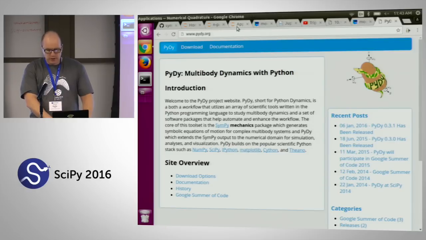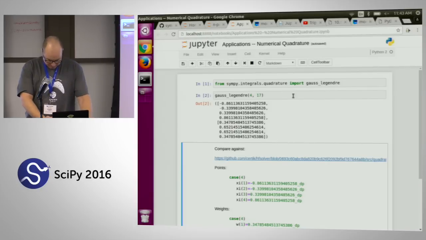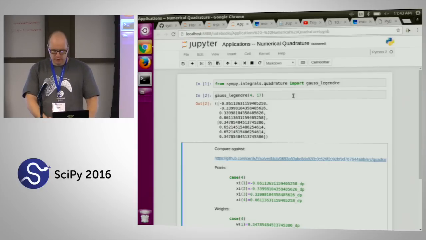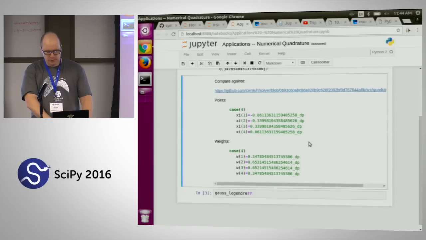Well, and let me show you another application. I needed it for a numerical finite element simulation. I needed quadrature rules with high accuracy and high order. SciPy has routines that can do that, but they use numerical algorithms to calculate these quadrature rules, Gaussian quadrature rules.